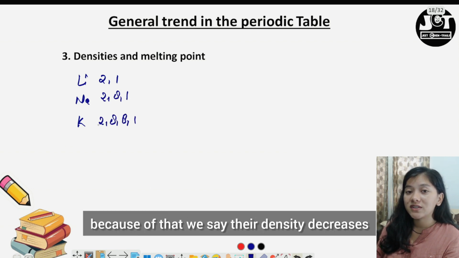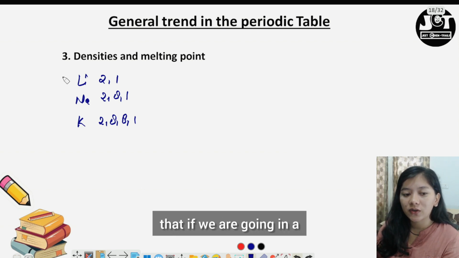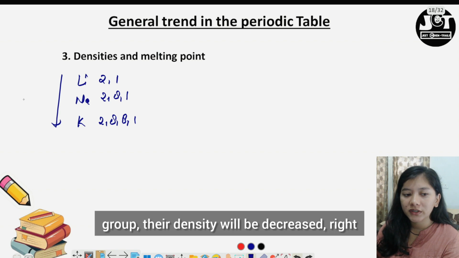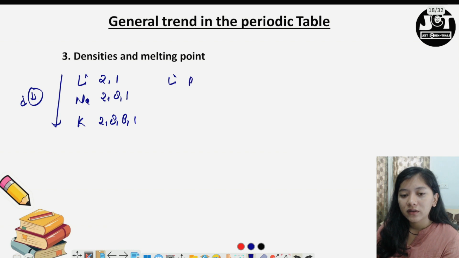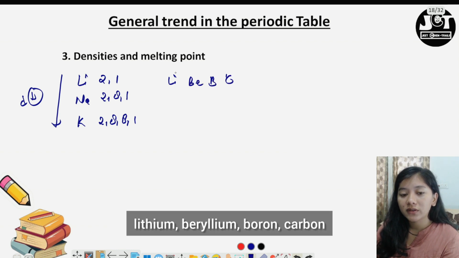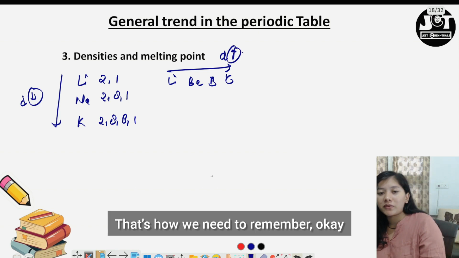So because of that, we say their density decreases. So you can just remember that if we are going down a group, their density will decrease, right? And if we are going across a period, lithium, beryllium, boron, carbon, their density will increase. That's how we need to remember, okay?